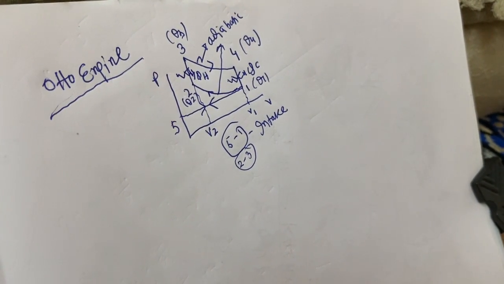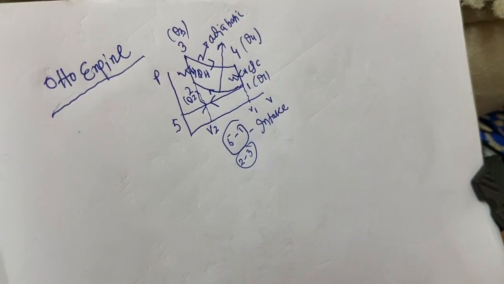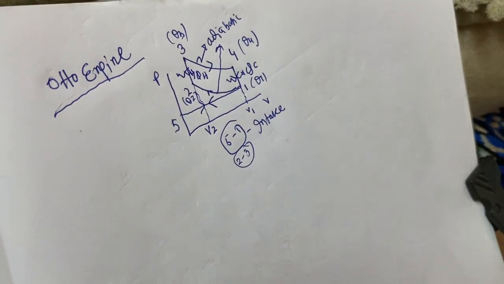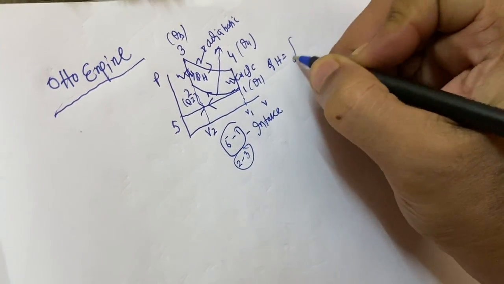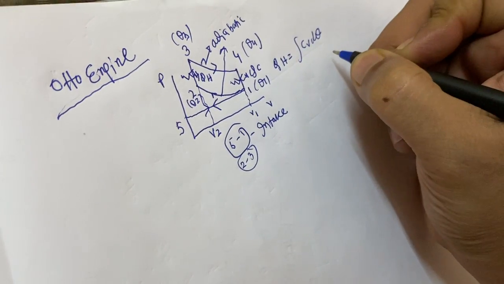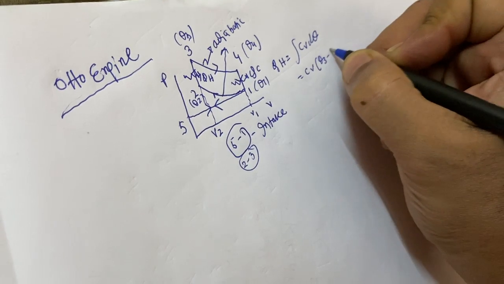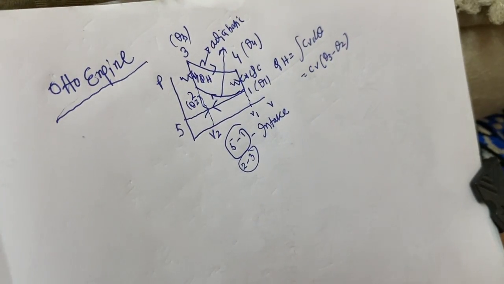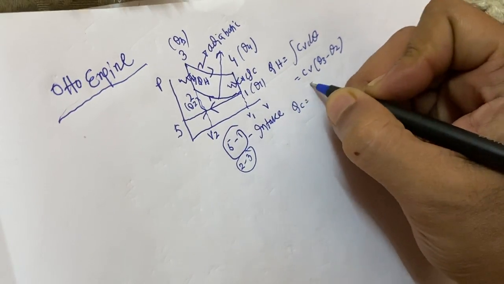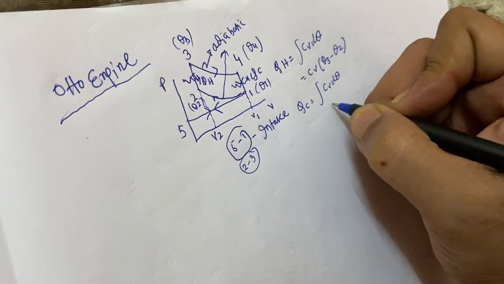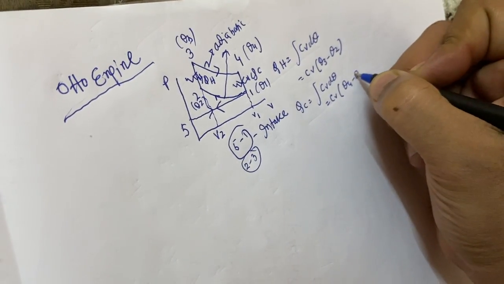So, we have to calculate the efficiency of the Otto engine. QH we can write as CV d theta, equal to CV into theta 3 minus theta 2. Similarly, QC we can write CV d theta, it becomes CV into theta 4 minus theta 1.